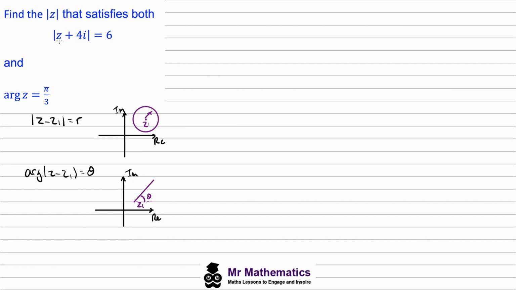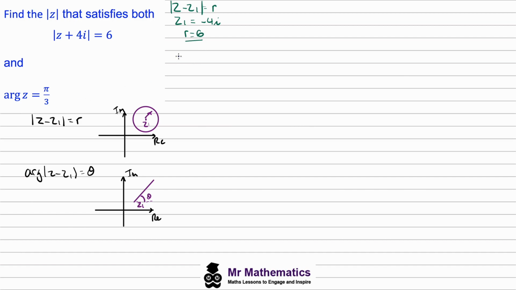So if we begin with the first one, the magnitude of z minus z1 equals r. Then we know z1 must equal negative 4i, because when you negate this negative 4i, we get positive 4i, and we know the radius will be equal to 6.